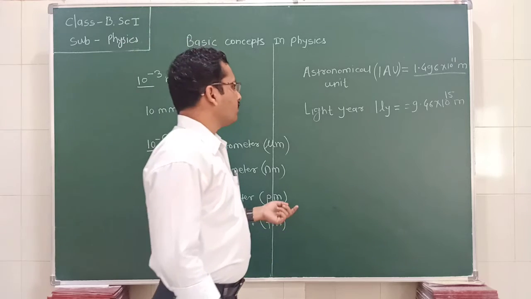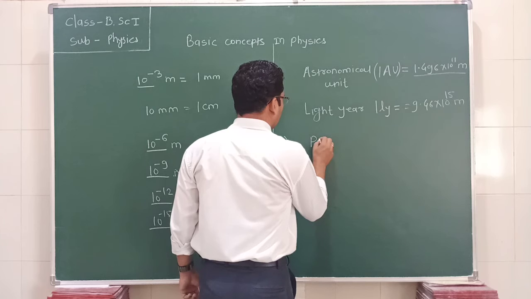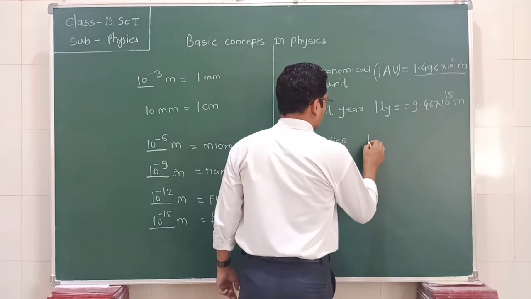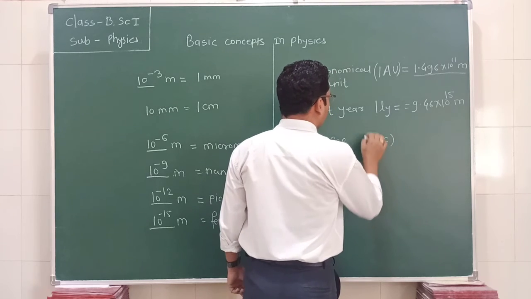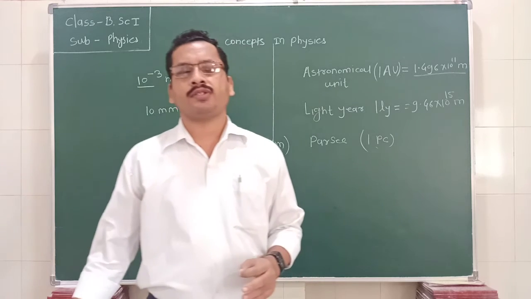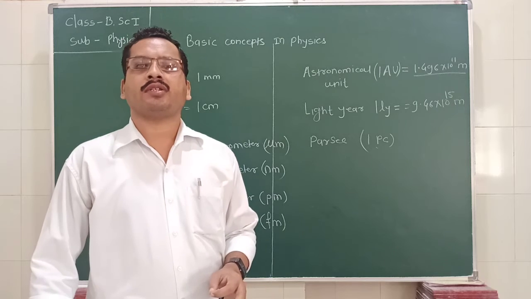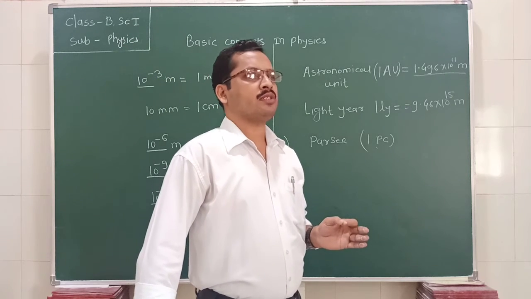Now there is another unit which is nothing but the parsec. So what is one parsec? One parsec means the distance between stars having their separation of 1 second.